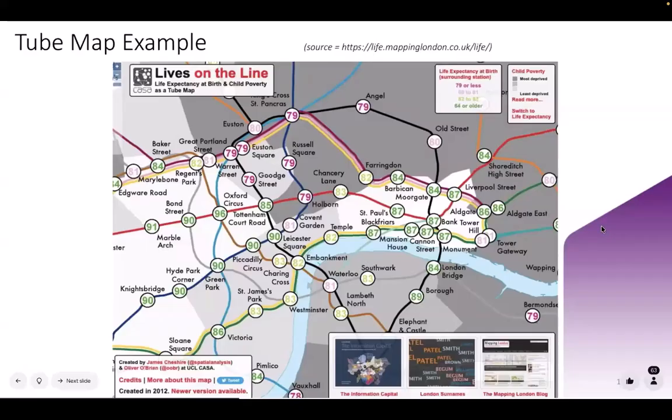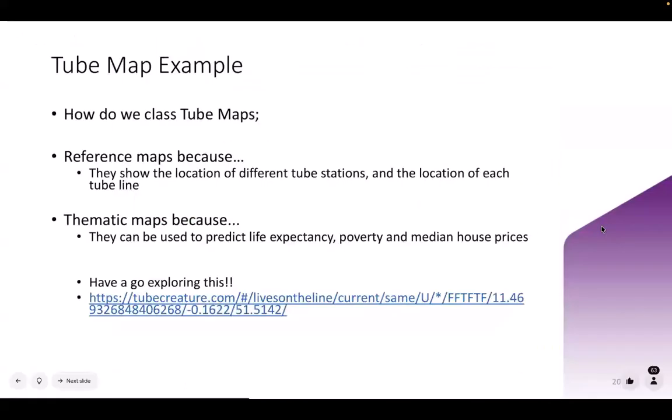Now, you might think automatically that this is simply a reference map, or you might think that this is a bit of a thematic map. It can be a reference map because it shows the locations of different tube stations and the locations of each tube line, right? It is referencing what already exists.